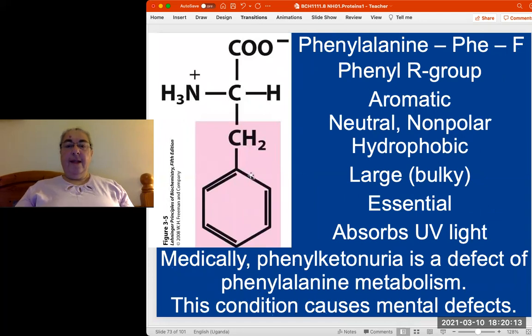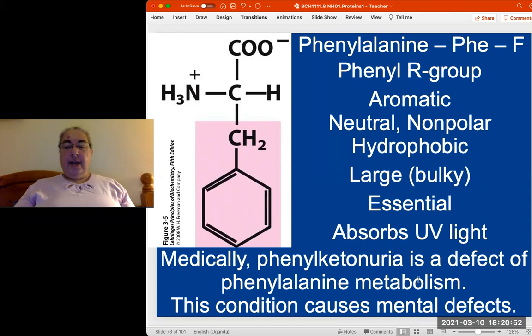Phenylalanine has a ring structure, an aromatic ring structure. And this ring structure means that it's one of the amino acids that absorbs ultraviolet light. That can be useful in the laboratory for measuring protein concentrations, and it can also be useful biologically because absorbing ultraviolet light can help it to be used as an energy source in chemical reactions.